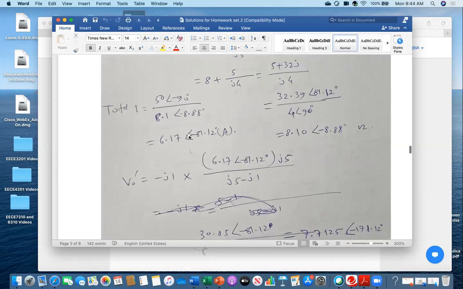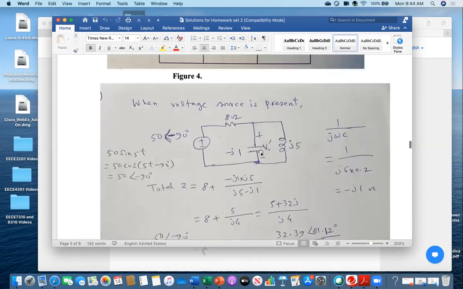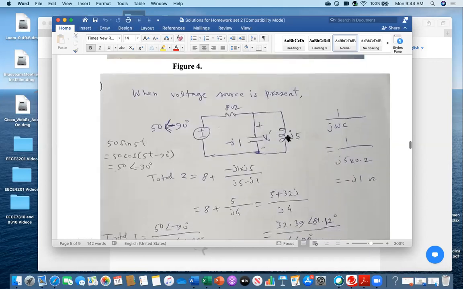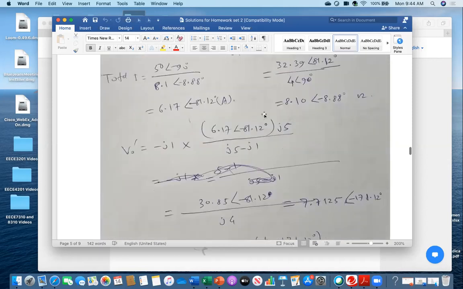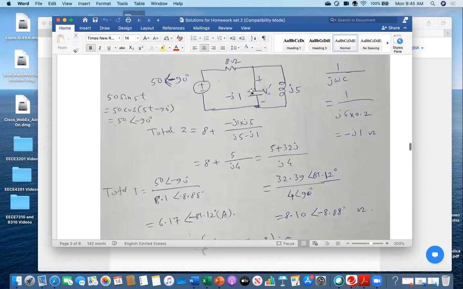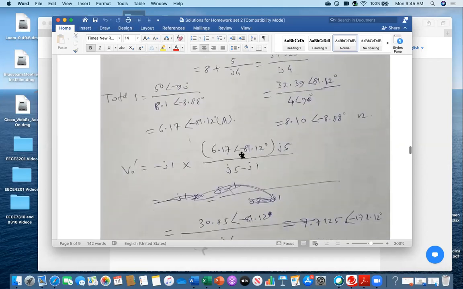This is my total current. So the total current is multiplied by j5. I am applying the current divider rule for this one. So I got that current, multiplied by minus j1 on this one. Do you understand? Here I am applying the current divider rule.